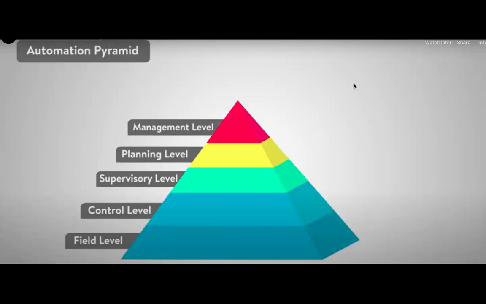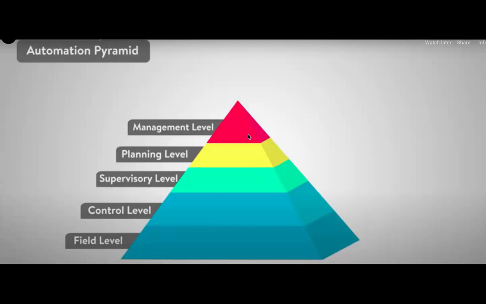In front of you, you have this pyramid, and this pyramid is horizontally divided into a number of layers. There are 1, 2, 3, 4, 5 horizontally divided layers of this pyramid. So it represents the automation pyramid, or you can say the automation hierarchy.